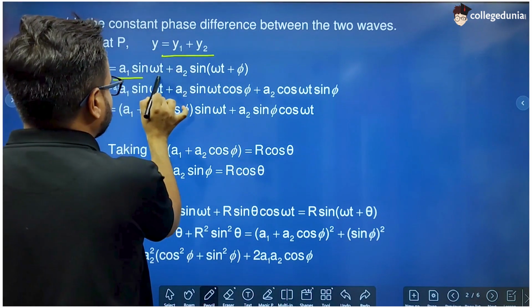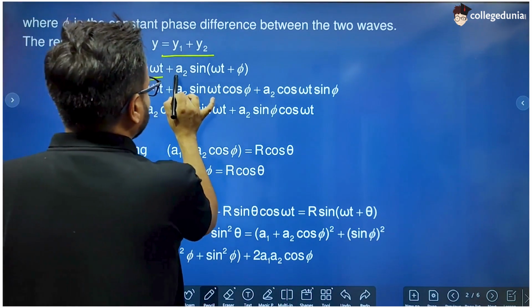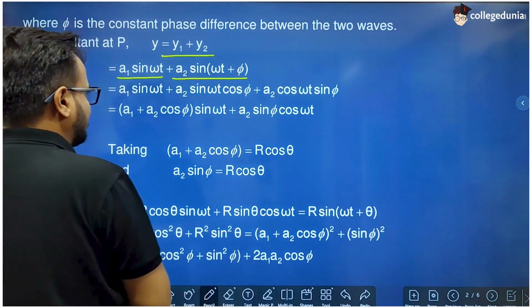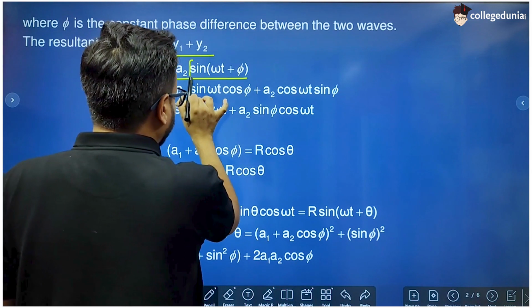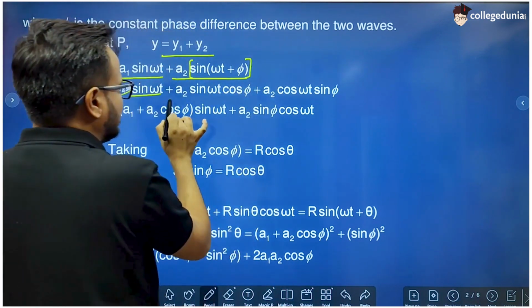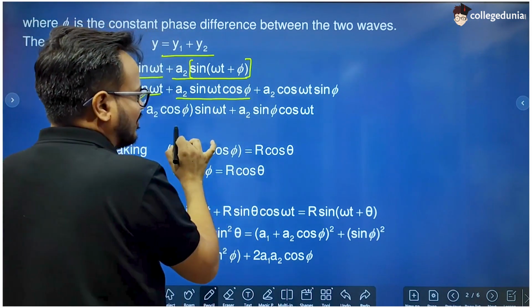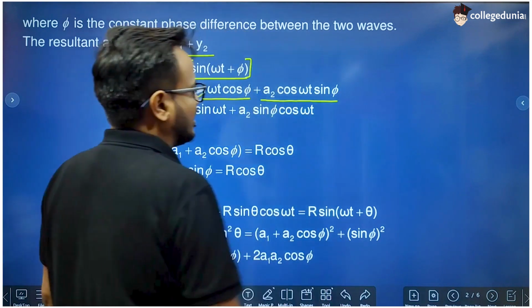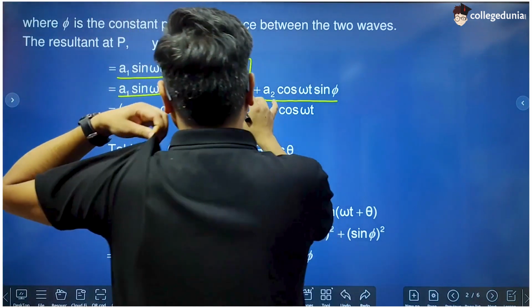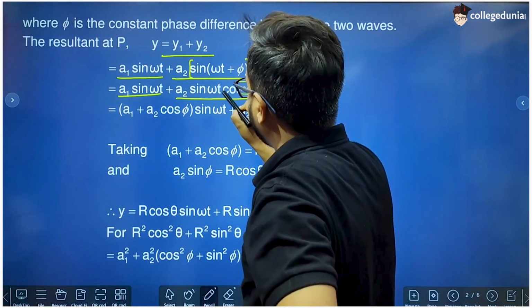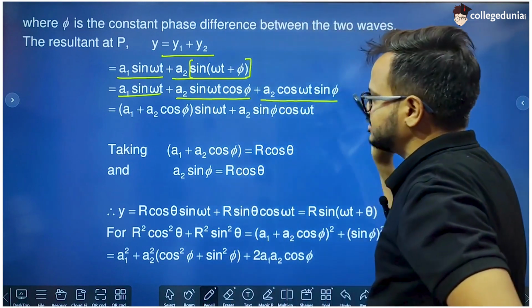So y1 was a1 sine omega t, and y2 is a2 sine (omega t plus phi). Now here we will apply the formula of sin(a plus b). So a1 sine omega t plus a2 sin omega t cos phi plus a2 cos omega t sin phi, because the identity of sin(a plus b) is sin a cos b plus cos a sin b. So we have applied that identity.